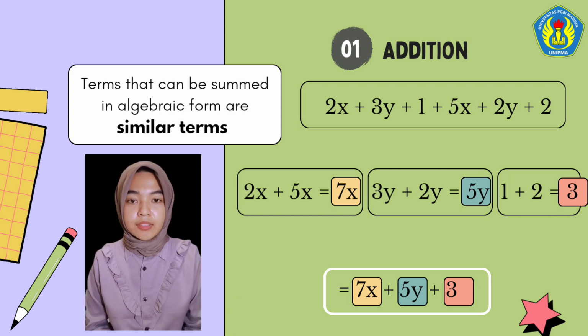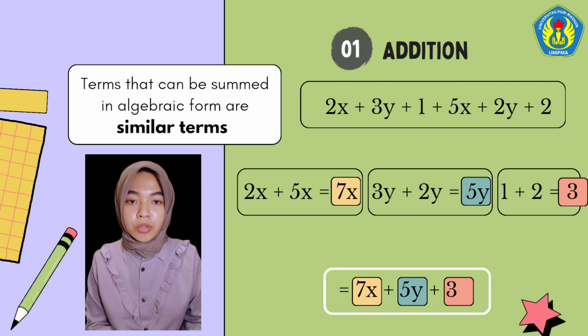For example, 2x + 3y + 1 + 5x + 2y + 2. First step, we add up the coefficients that have the same variable first. Variable x, 2x + 5x equals 7x.